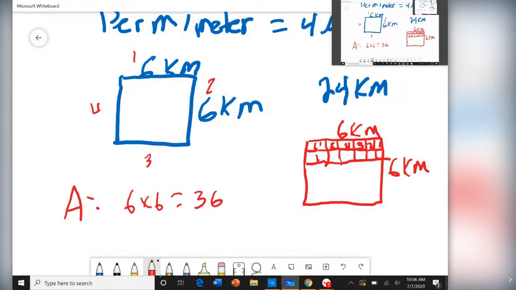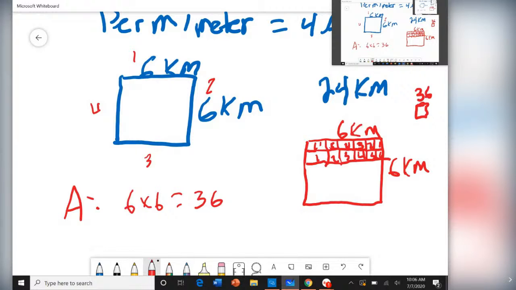So if you had a little square right here, how many of those squares would go into this bigger square? It's going to be 36 of these little squares.